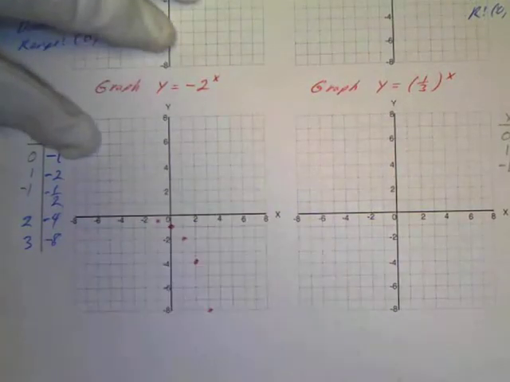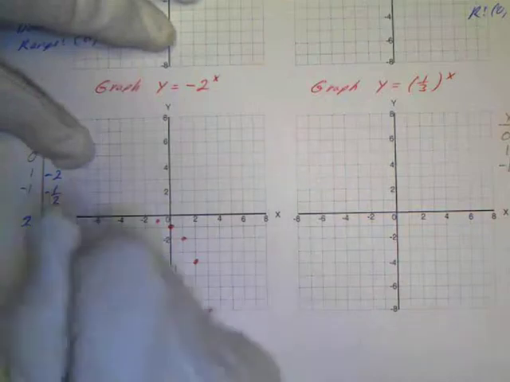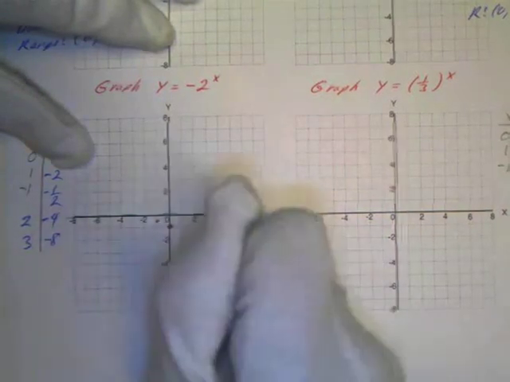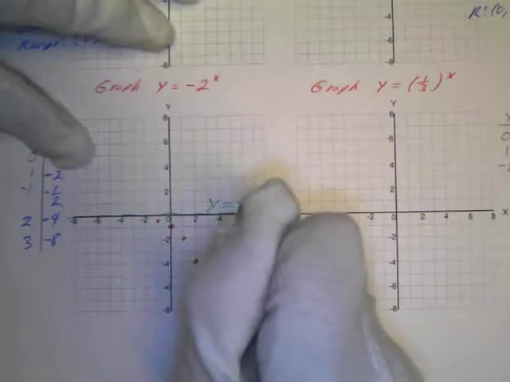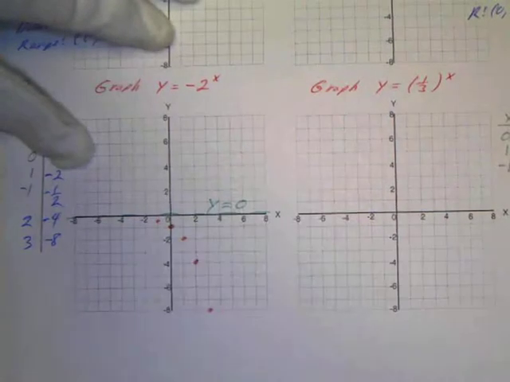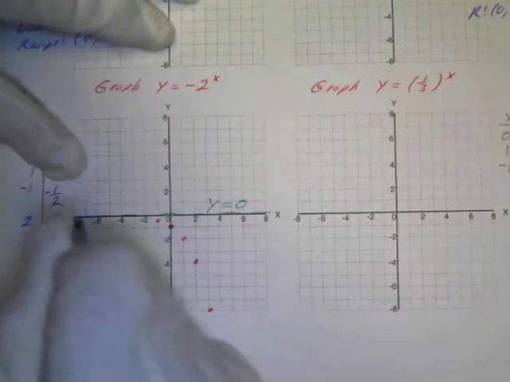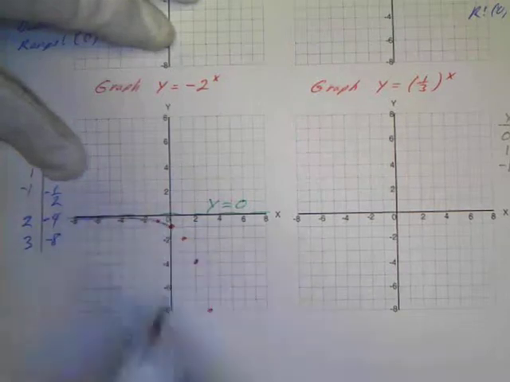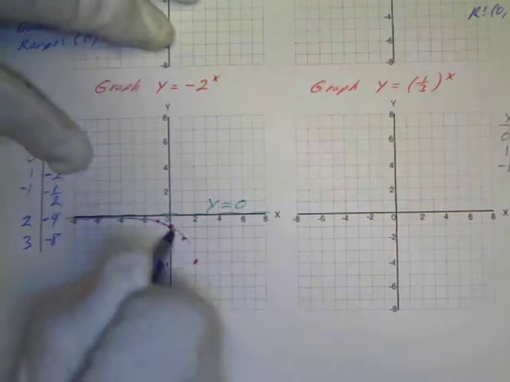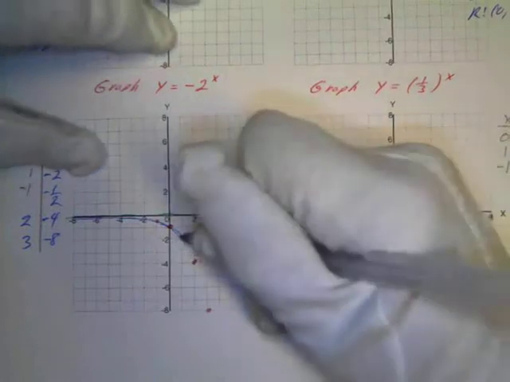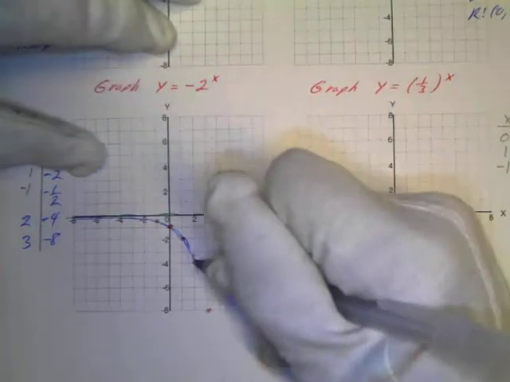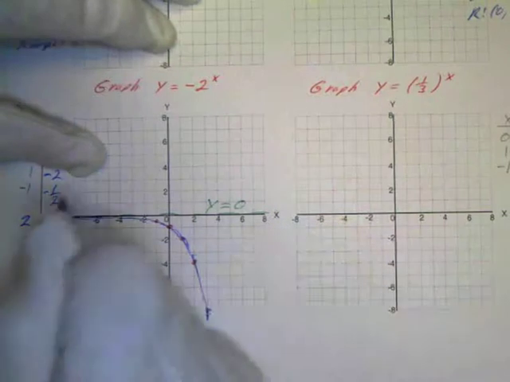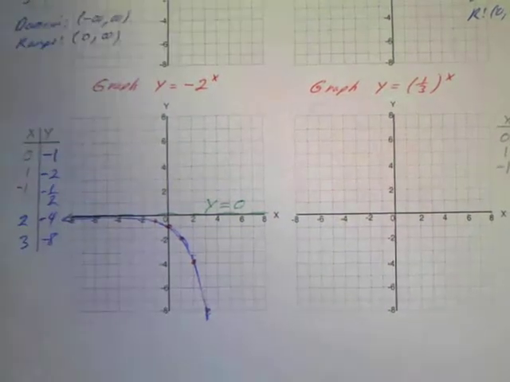This is our horizontal asymptote. In other words, my graph is getting closer and closer to this, and the equation of that horizontal asymptote is y equals 0. And I'm going to get closer and closer to that, and then it's going to move down exponentially. Something like that.